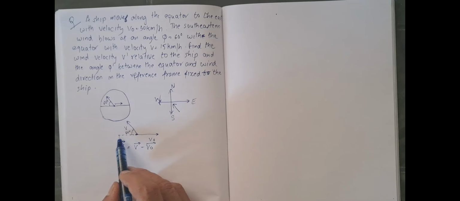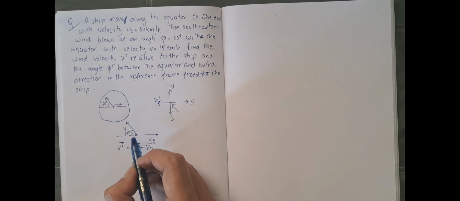So we just have to do a vector summation of this and find out the magnitude of that vector and the angle that that resultant vector will make with the equator. That is all that we have to find out here.